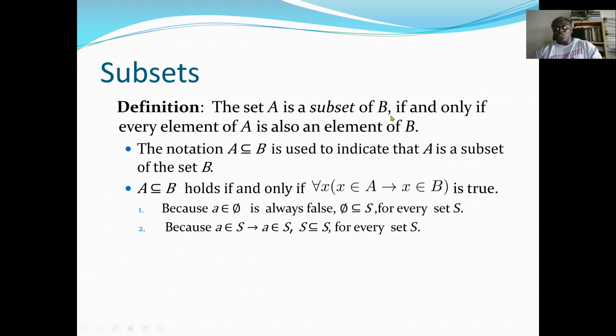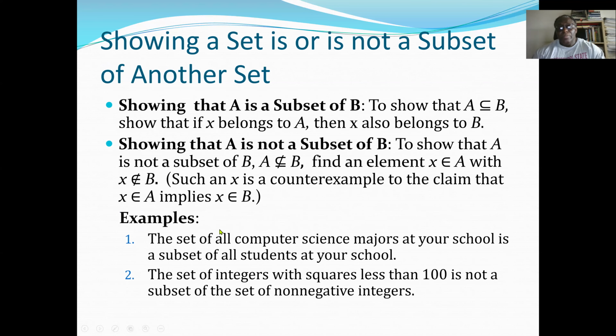So set A is a subset of B if and only if every element of A is also an element of B. Consider this example: since A is a subset of B, it means all the elements in A are also in B, but some elements in B will not be in A. Now, showing that a set is or is not a subset of another set.